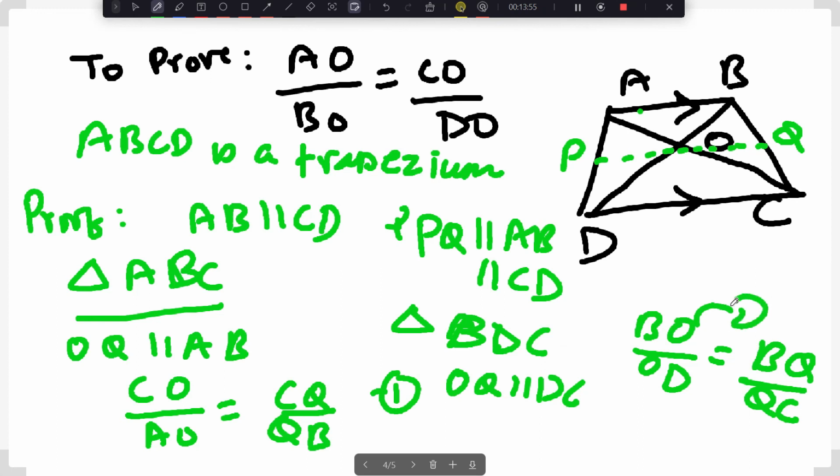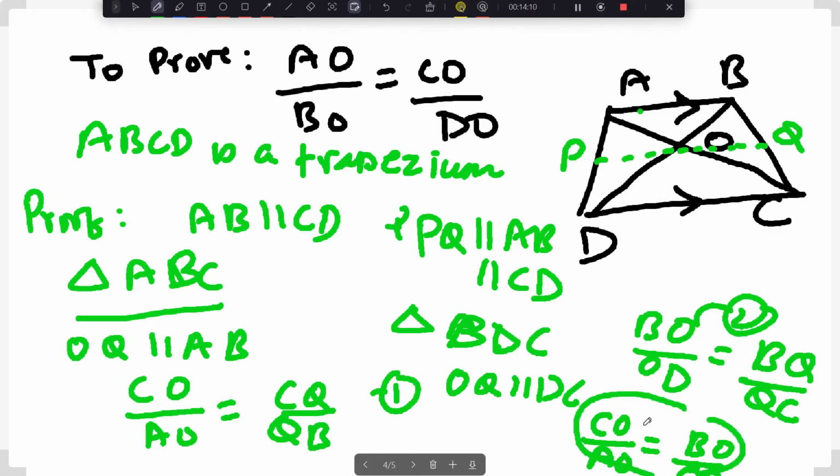This is equation 2. If you look at these two equations, the RHS are the same. CO by AO is equal to BO by OD, right? So if you rearrange this, it will come as this, and hence proved.